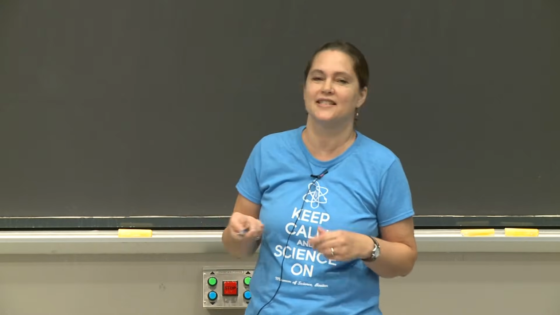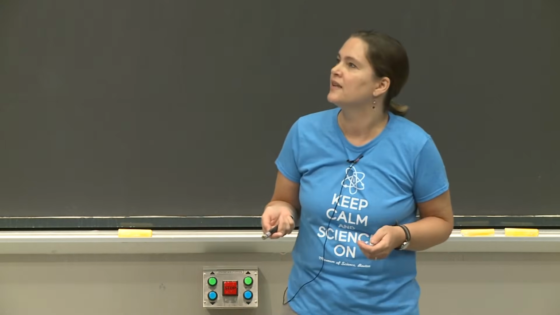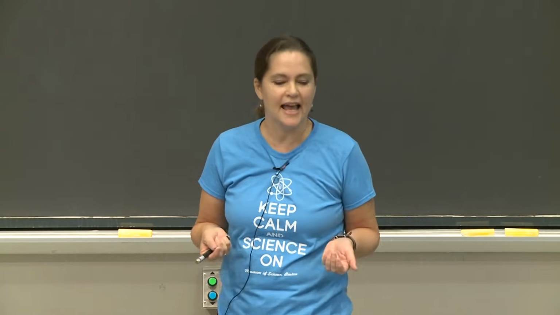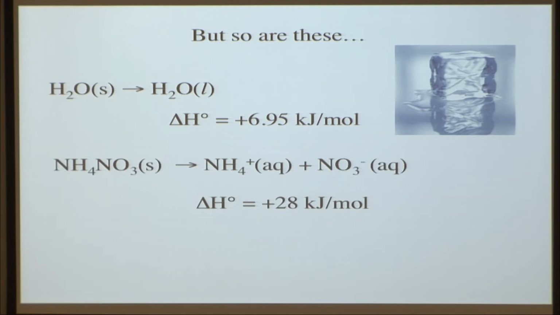Anyway, everyone, I think, has seen ice melt. But here, delta H naught is a positive value. It's endothermic. Also, if you have ammonium nitrate, this will just come apart in a spontaneous reaction. Delta H here is plus 28 kilojoules per mole.